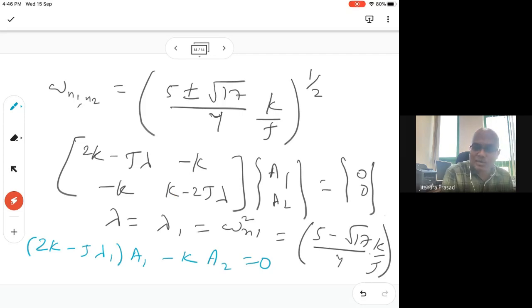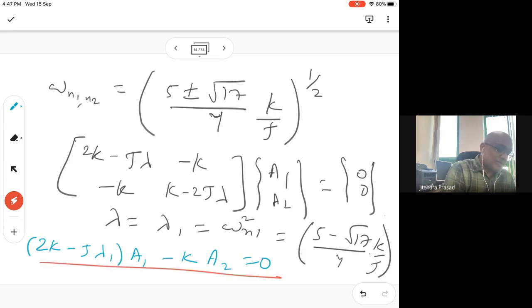And why do you say so? Because if the determinant of this is equal to 0, that really means both are dependent, right? That really means you can multiply with something here, multiply with something there, and if you add them, you will get a 0.